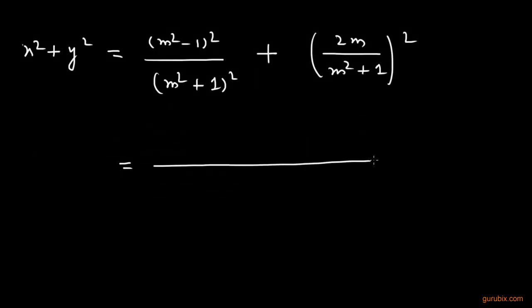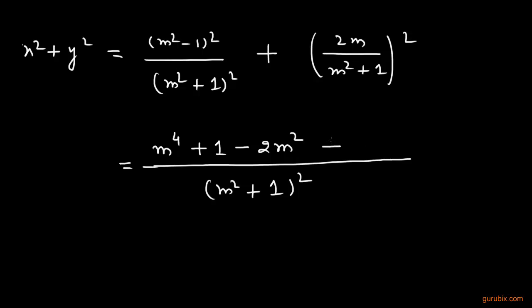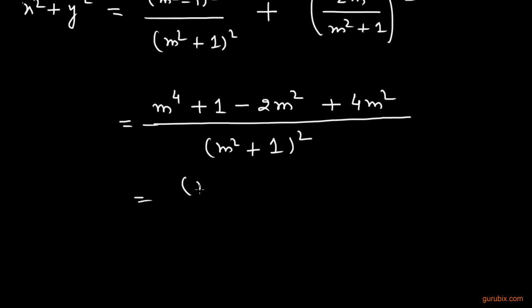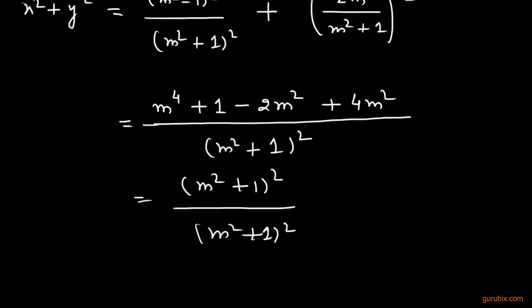So if we solve it, then this value is m square plus 1 square, and if we calculate this value, then it will be m raised to the 4th power plus 1 minus 2m square, and here is 4m square. Then we can write this expression like this: m square plus 1 whole squared, and here is m square plus 1 raised to the 2nd power.